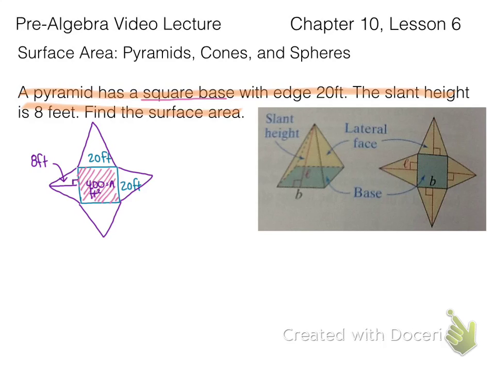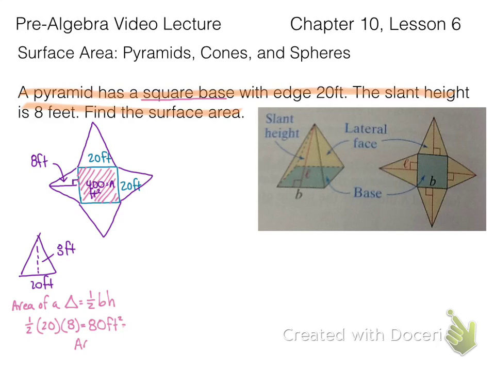Now I have 4 of those triangles, and the triangle has a base of 20 and a height of 8. So if I figure out the area of one of my lateral faces, it's 1/2 base times height, which is 1/2 times 20 times 8, and I'm going to get 80 feet squared. But I have 4 of these triangles.